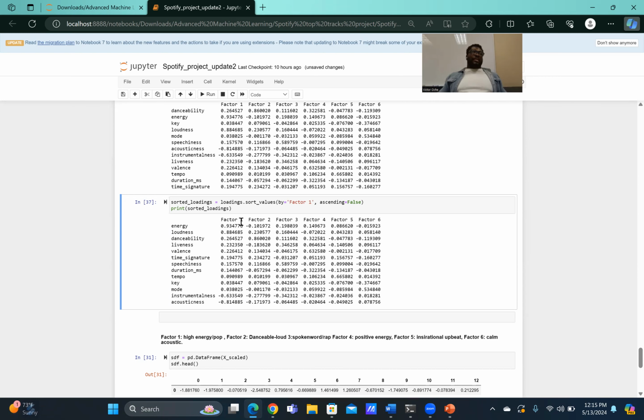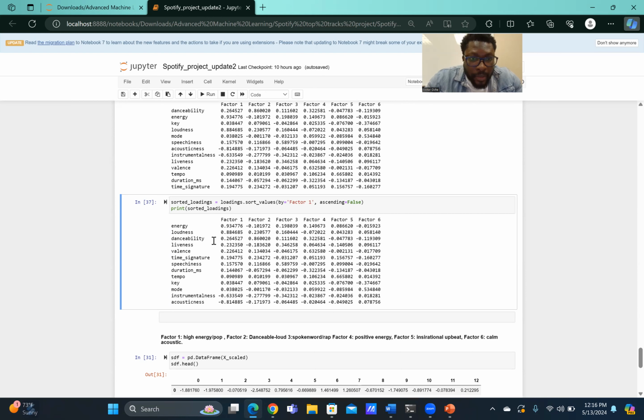What I mean by that is it doesn't mean that the negative loadings should be taken as negative per se. They're just loadings in a particular direction that all come together to make up the factors, if you get what I mean. With that being said, let's explain these factors.